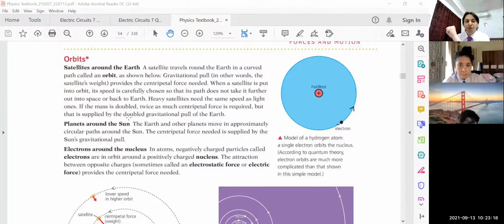Inside the nucleus, protons and neutrons are there, and electrons revolve. Electrons are revolving, so centripetal force is there. You cannot ignore this fact. But who provides that centripetal force in the small nucleus inside an atom?